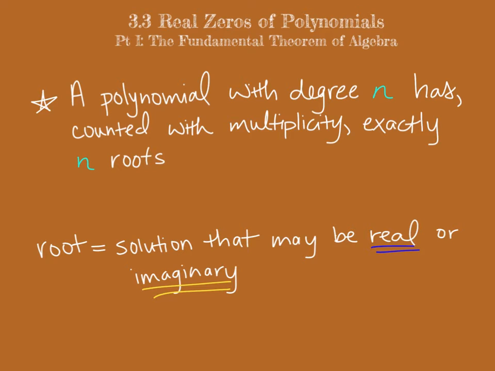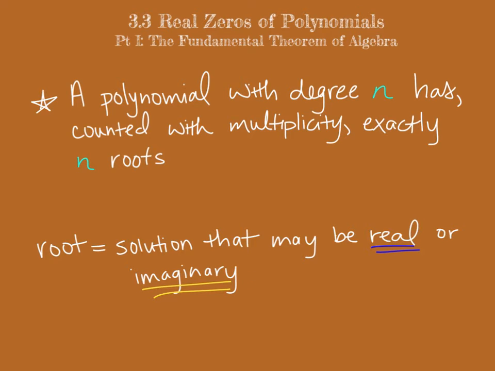So in order to proceed, we do have to understand that when I say zeros, I mean roots, I mean potentially an x-intercept if it's real, or I mean a solution. Those words are all synonymous with one another. Roots and zeros are the most common way that we will describe these. I don't always want to say x-intercept because a root or a zero may be real or imaginary.